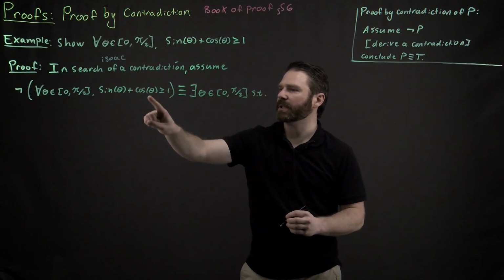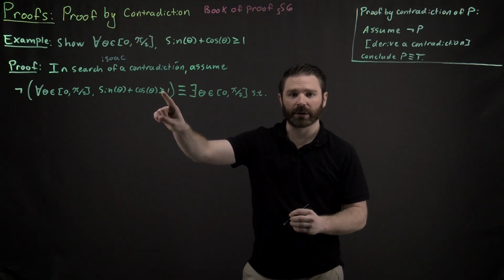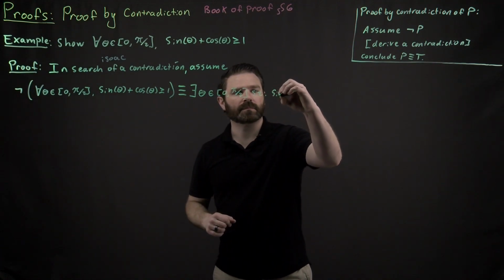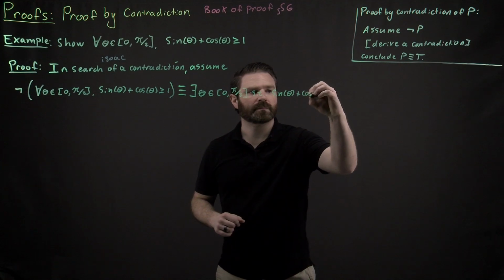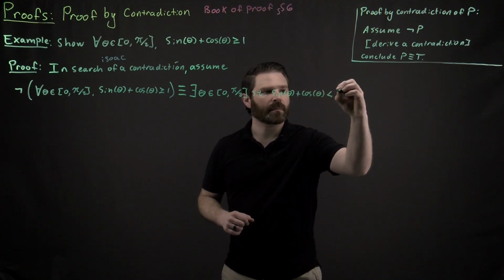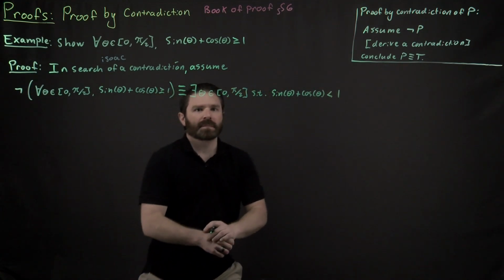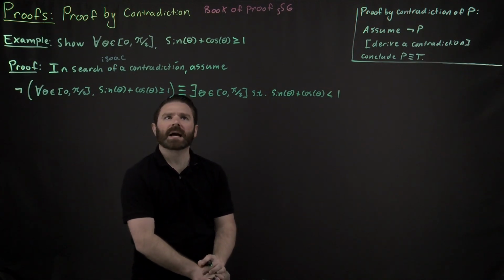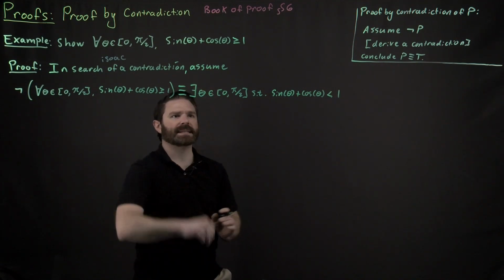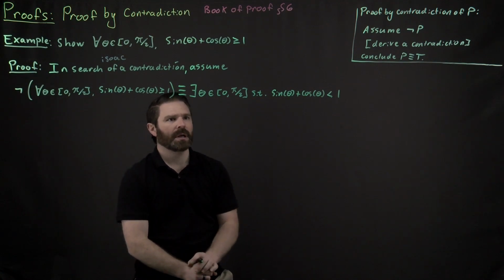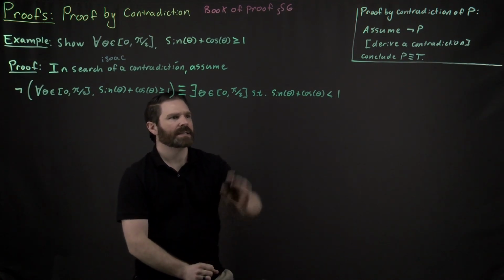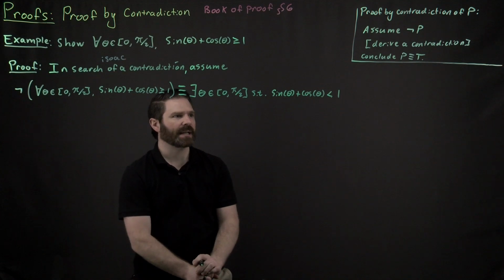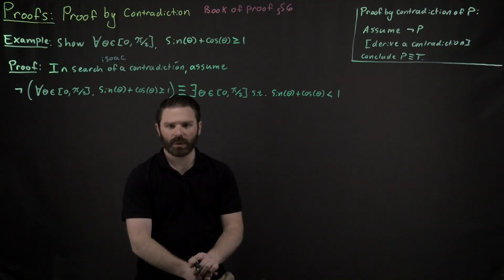So sine of theta plus cosine of theta is not greater than or equal to 1. So I'm assuming there exists some theta in the interval between 0 and pi over 2, such that sine of theta plus cosine of theta is less than 1.